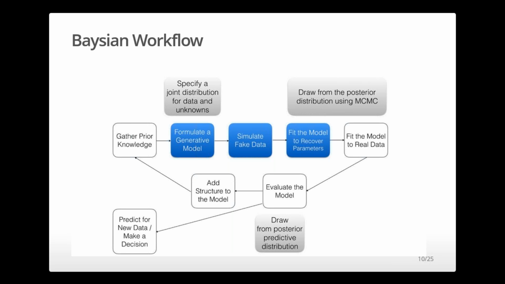But once you have a model that you're pretty happy with, you can draw from what's known as the posterior predictive distribution. This is a distribution for what you believe future data will look like given the model, given the data that you've collected so far, and given the beliefs that you came in with about those parameters from the outset.